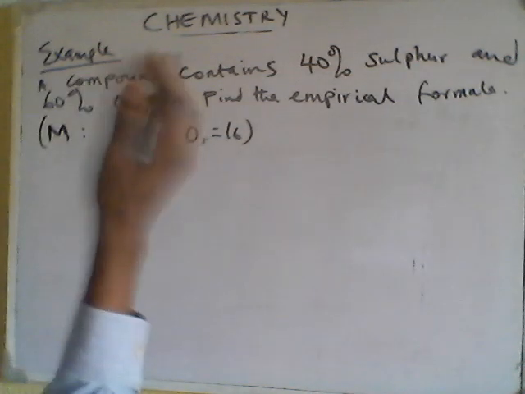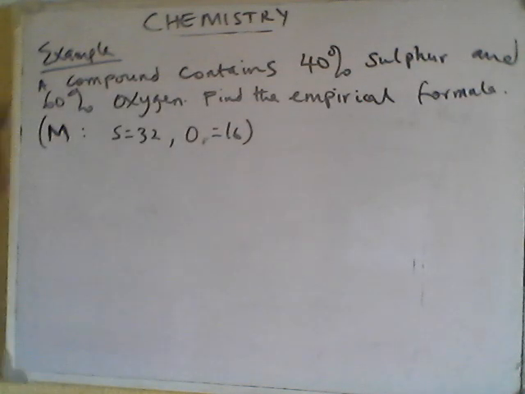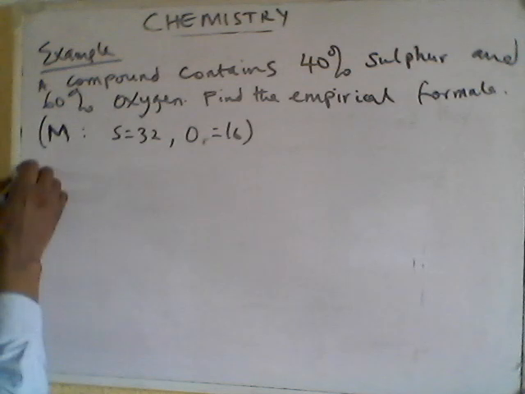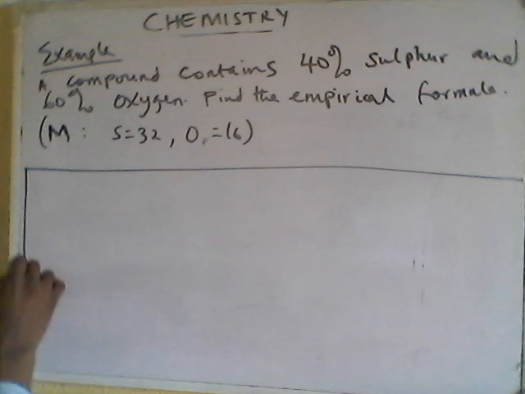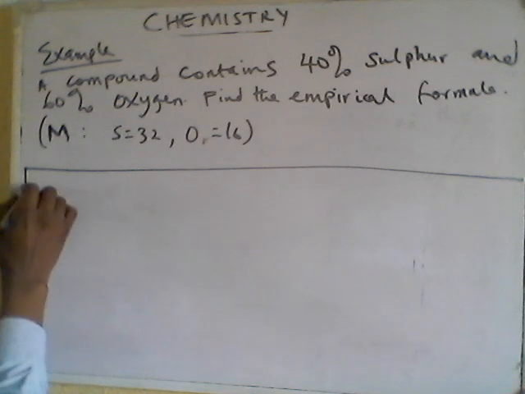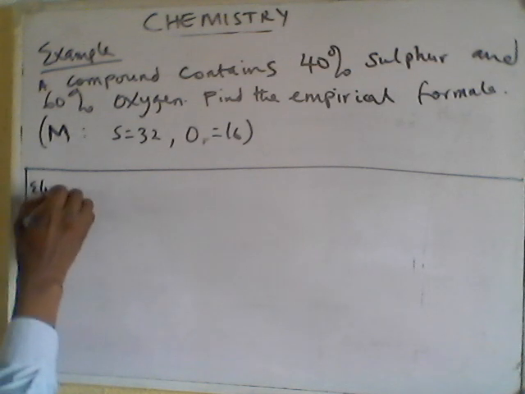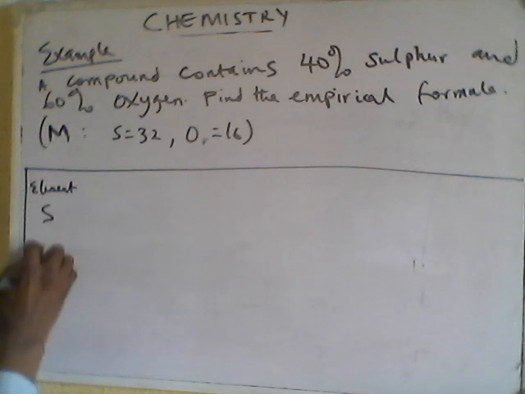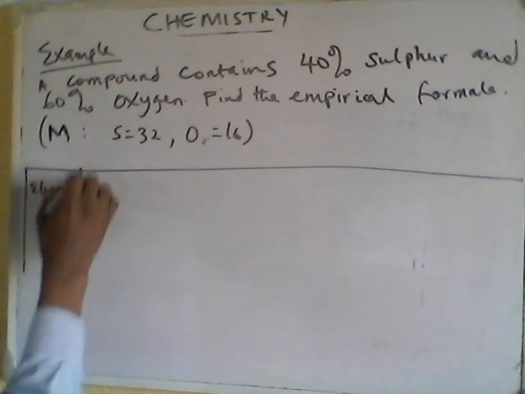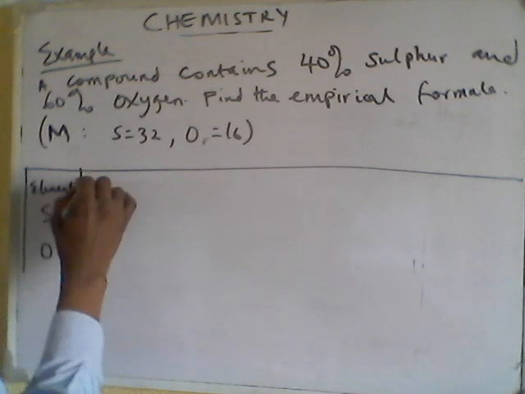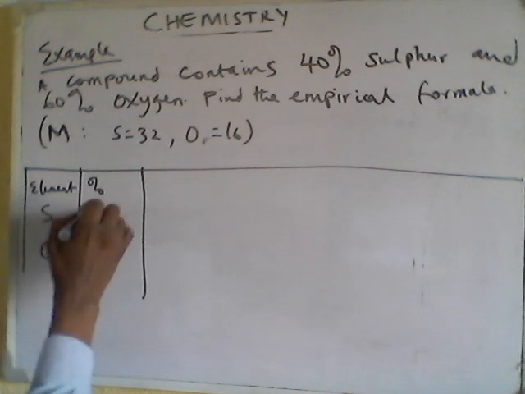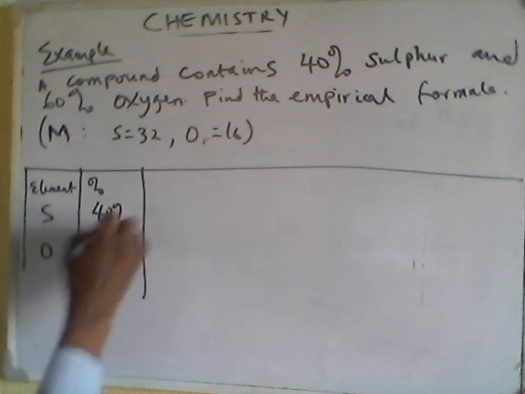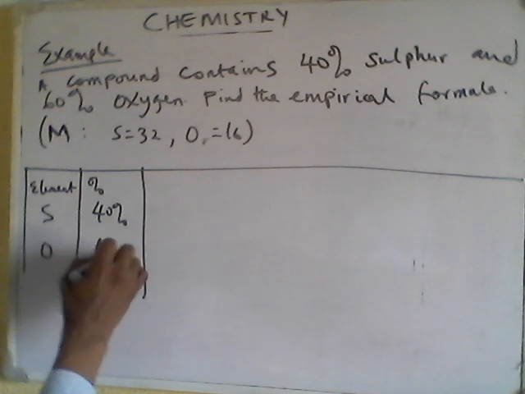So from the guidelines I gave you, the first thing you do is write the elements. Let me do a very simple table to show the steps from first to last. The first thing to write are the elements: sulfur and oxygen. The next thing is to write down the percentage composition: sulfur is 40% and oxygen is 60%.